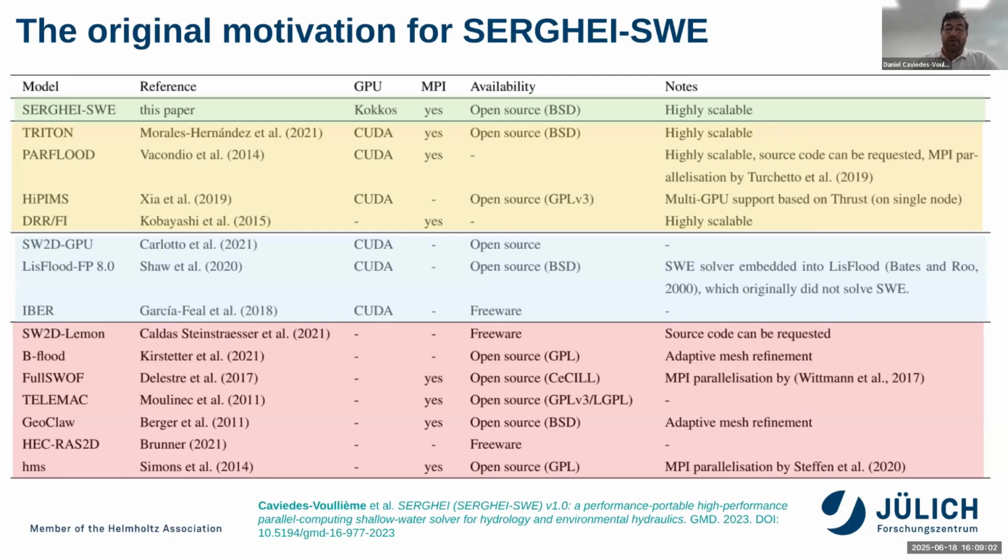But only a few of these were actually at the time GPU enabled, and only one of them was actually scaling. And this was Triton, which is mainly developed at Oak Ridge. At the time, Triton was not capable of using any other GPU infrastructure except NVIDIA GPUs. And now it can also reach AMD GPUs, as far as I understand. But we thought, well, we can take a step forward and move towards portability. And that's kind of where the motivation came from.